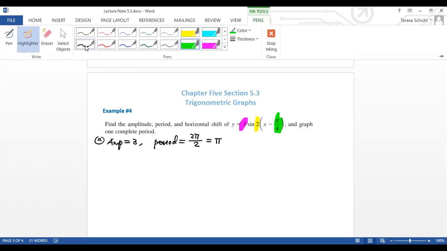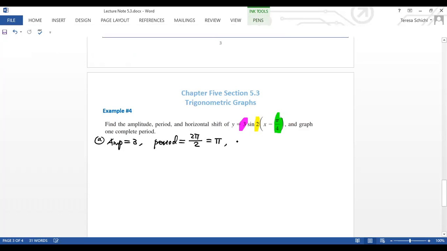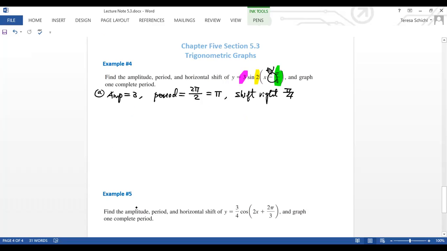So this is a shift, right? Because it's negative inside, we shift to the right. How many units? Pi over 4 here. Okay, so now let's start the graph here, all right?